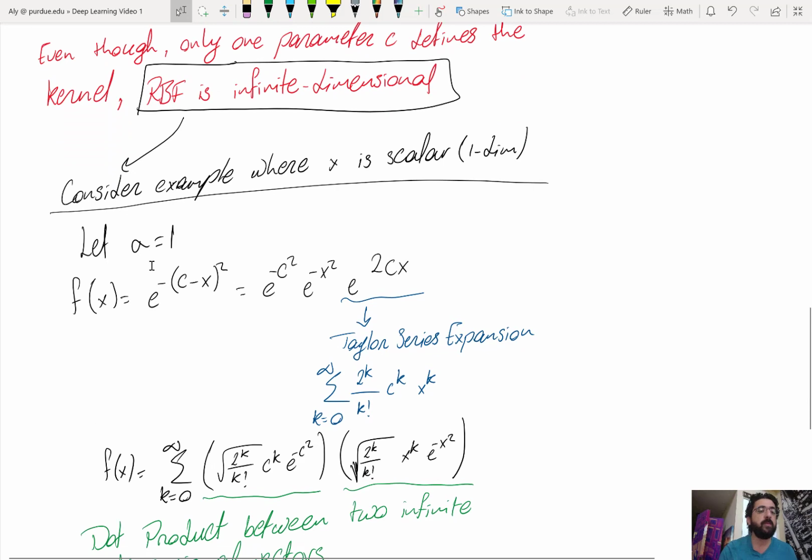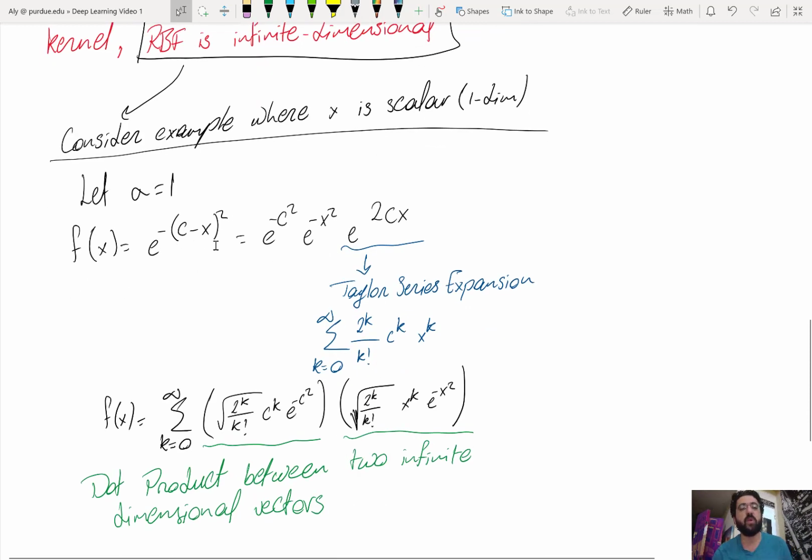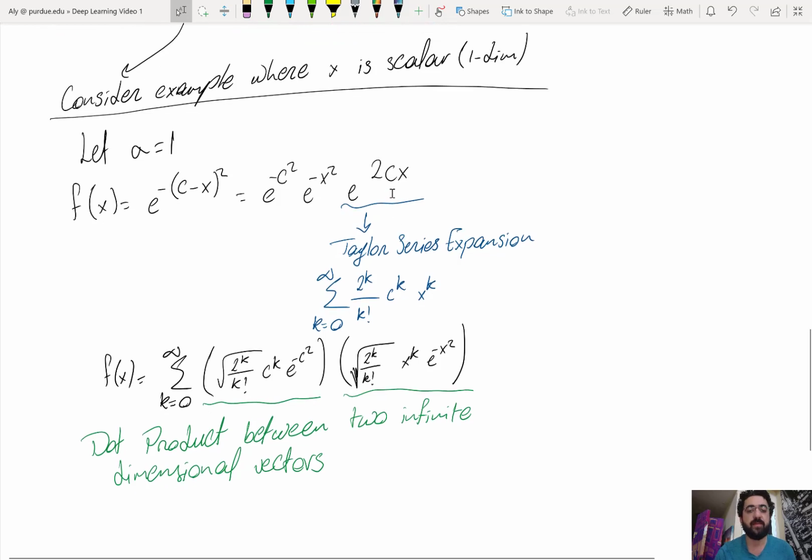Let's take a very simple example where sigma equals 1. So x is one dimensional, and f of x equals e to the minus (c minus x) squared. Now this is equal to e to the minus c squared times e to the minus x squared times e to the 2cx.